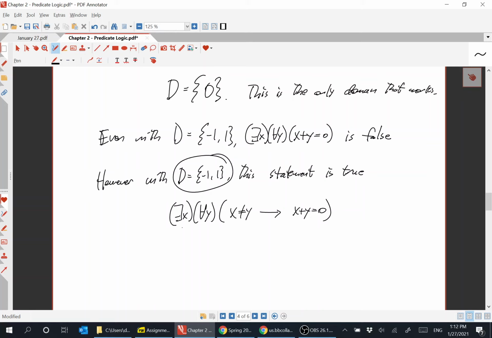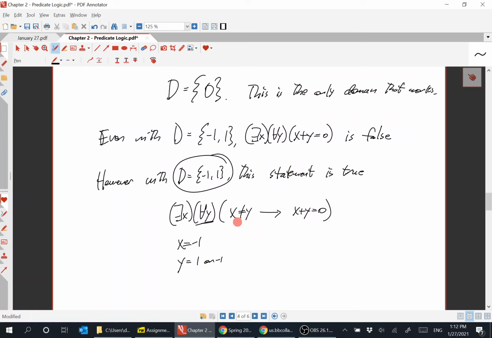So say that x is -1. Okay, what are the possibilities for y here? Just 1. What else? For every y means every y in the domain. So what are the possibilities for y? 1 and -1. Okay, so x is equal to -1, and y is equal to 1 or -1. Suppose y is equal to 1. Is x not equal to y?